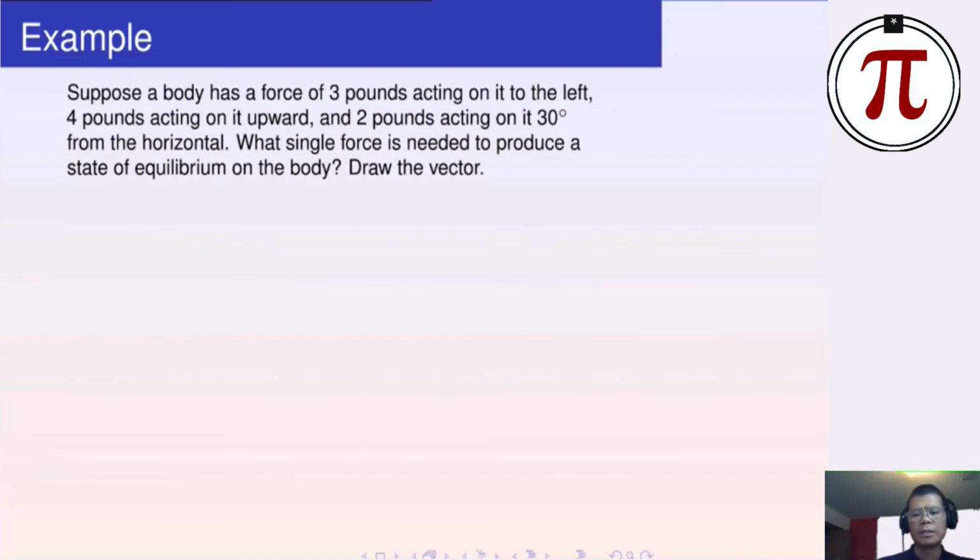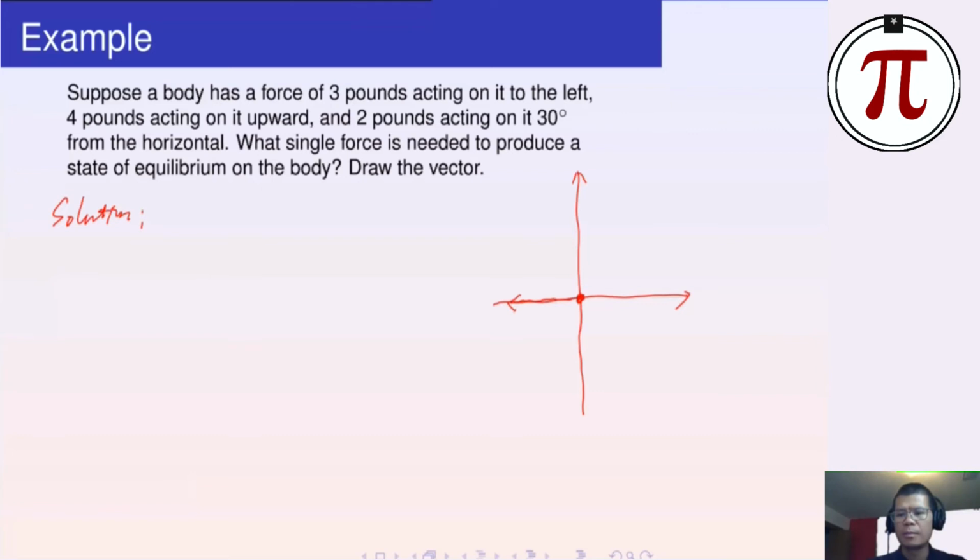All right, let's put this one in our XY coordinate. Say that this body is on the origin, right? So a force of 3 pounds acting to the left. What is left? Right, this side.